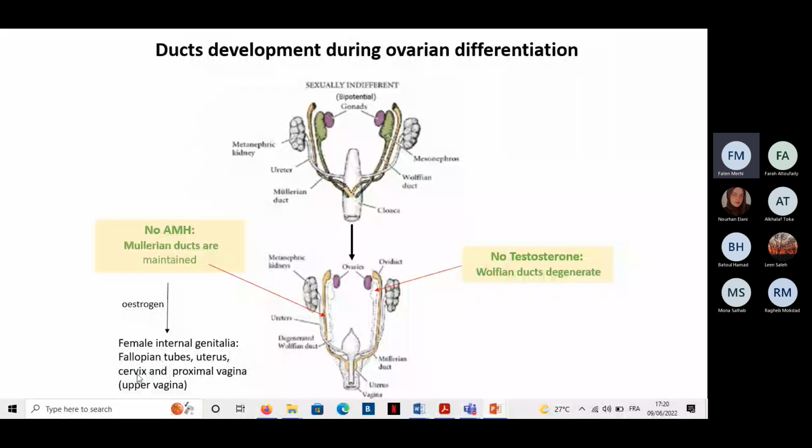If we have a problem in the secretion of the AMH by the Sertoli cells, there will be a problem because those Mullerian ducts will be maintained and they will develop to give female genitalia also, okay?